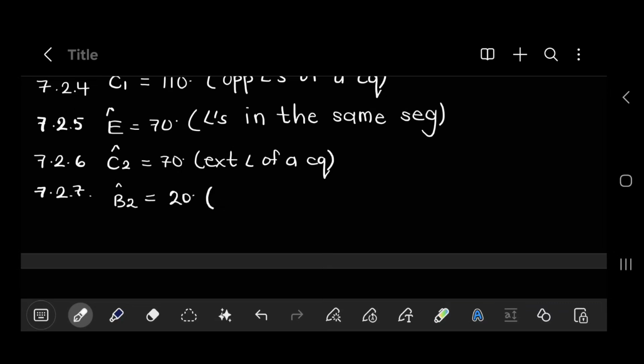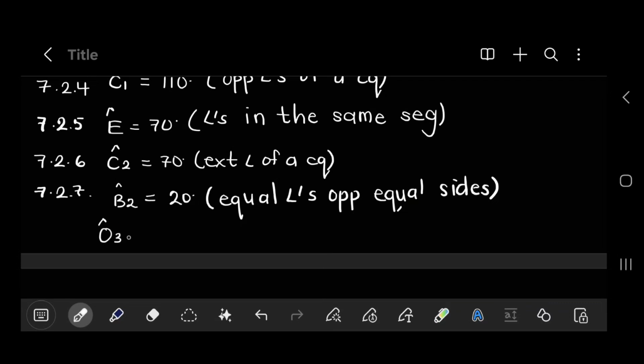And since we are no longer allowed to say isosceles triangle, instead we say equal angles, opposite equal sides. And then we can say that angle O3 is 40 degrees. That was the exterior angle of a triangle.